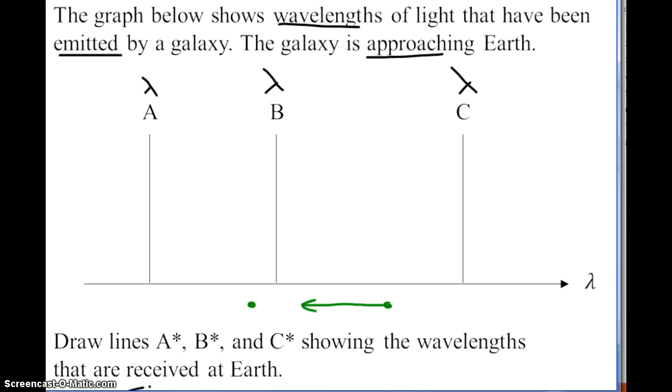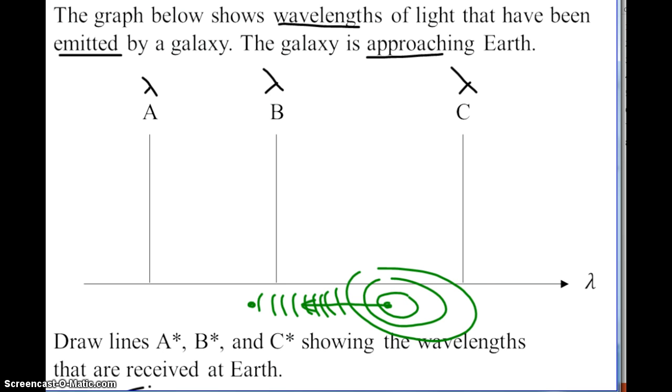Here's the Earth. The wavefronts are compressed in the direction that the galaxy is moving in. So they're compressed on this side, right? And they're expanded over here. Now, the wavefronts should all be equally spaced on the left. The compression amount doesn't really change as long as the galaxy has a fixed speed.